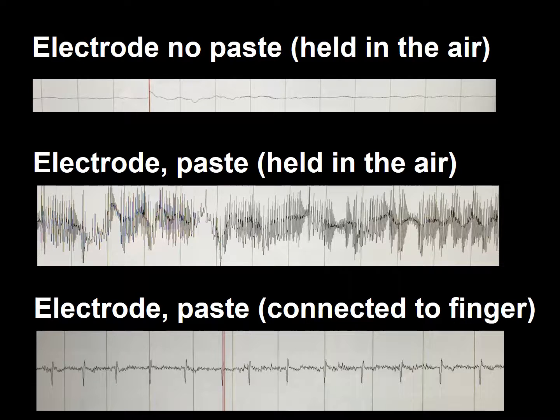This frame compares the recording in the same situation, except for no gel in the top tracing, gel on the midline in the middle tracing, and gel and human contact in the bottom tracing. It is from my own heart.